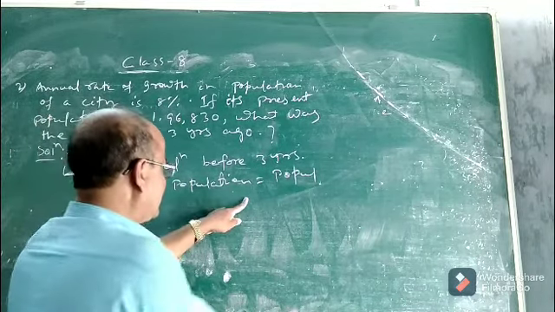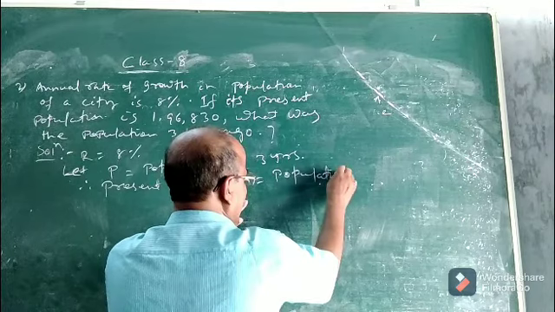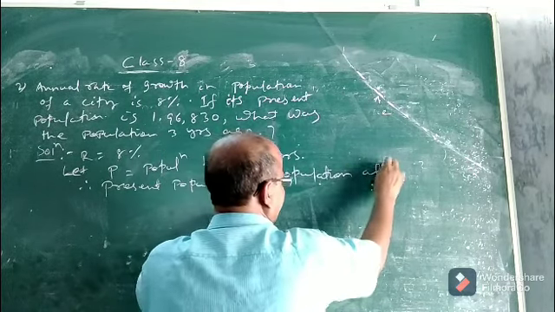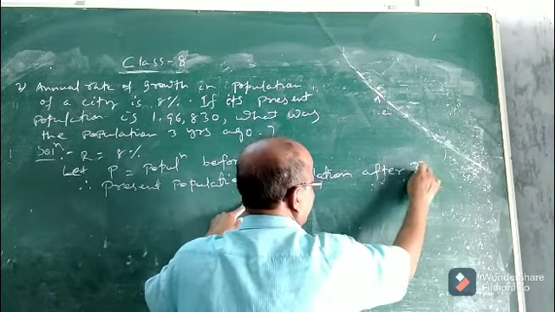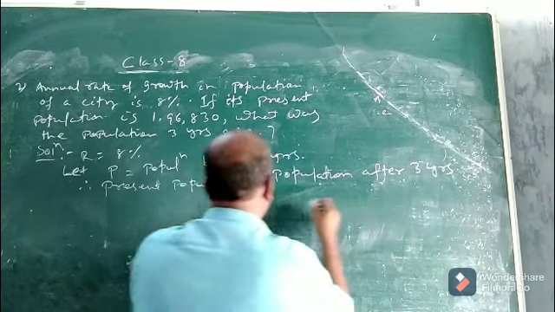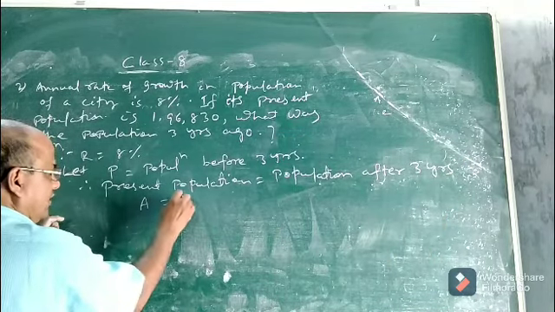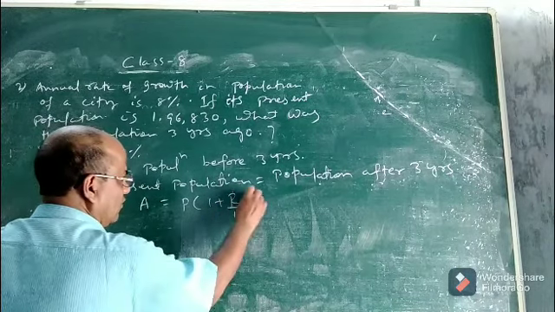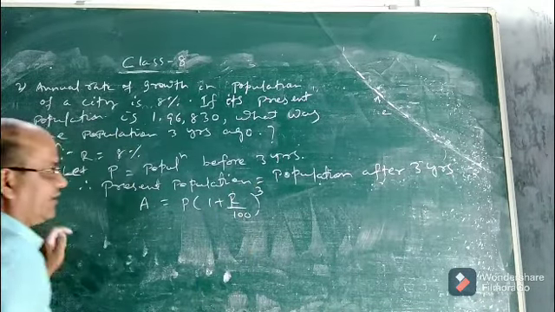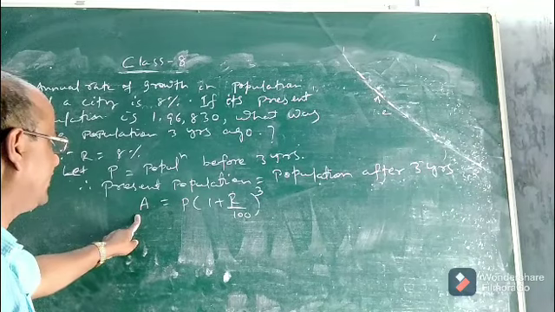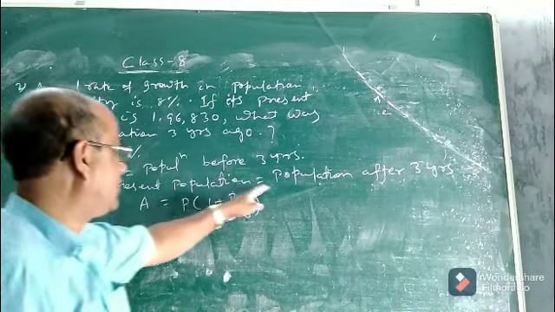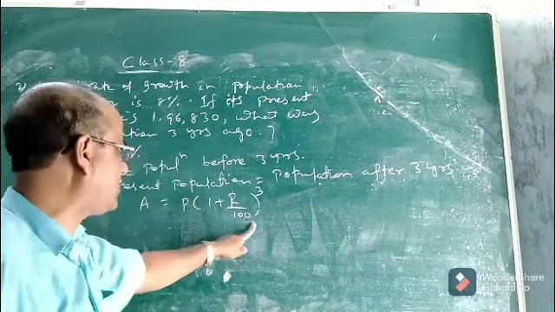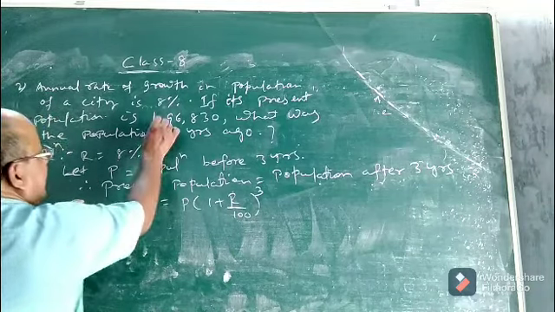So the population after 3 years will be A equal to P into 1 plus R by 100, whole to the power n. Here n is 3.